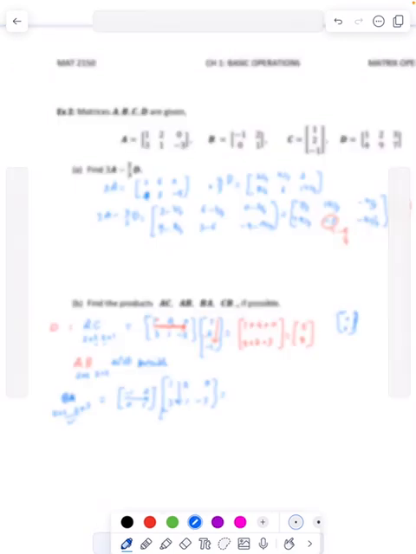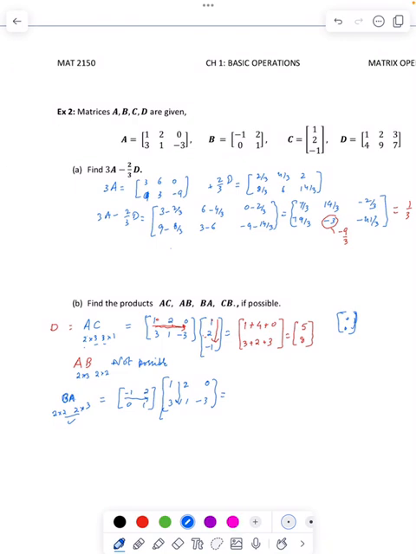So note that the resultant matrix will be of order 2 by 3, meaning there will be 2 rows and 3 columns. So this is how it works. We take the first row, multiply by the first column here.